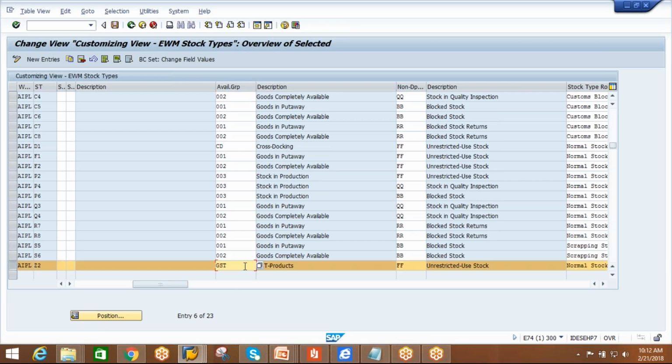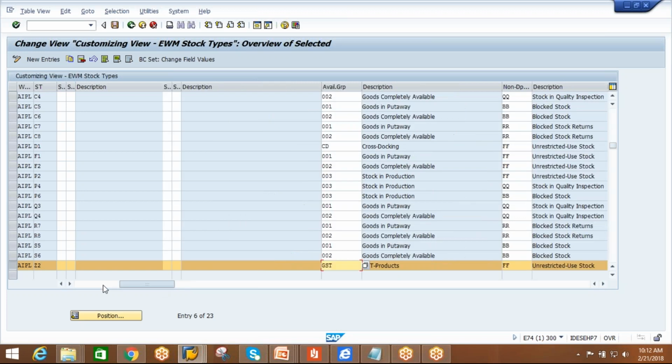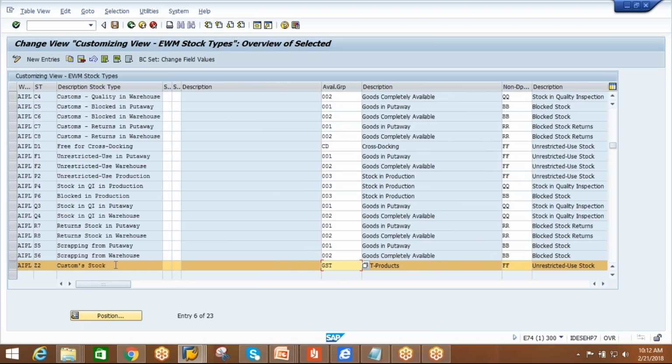If I am bifurcating my FF into Z2 also, stock type Z2, if the availability group is GST, this thing Z2, this one.